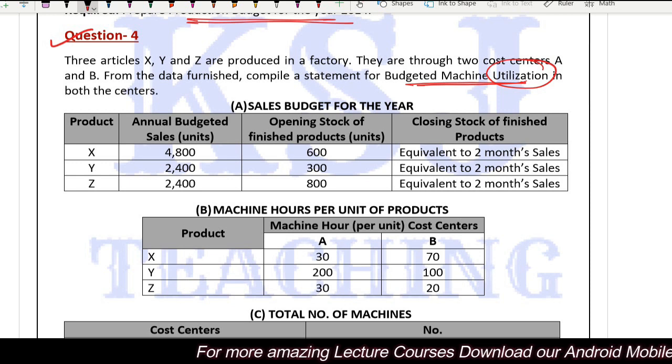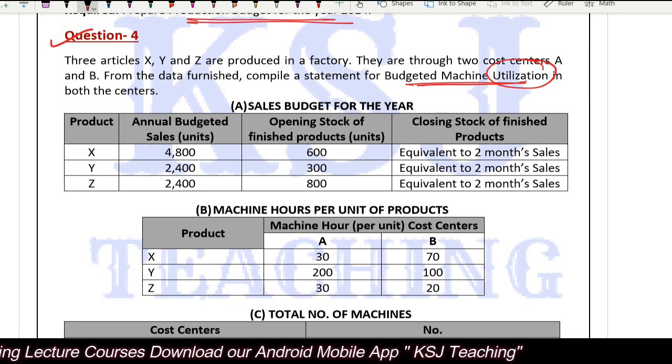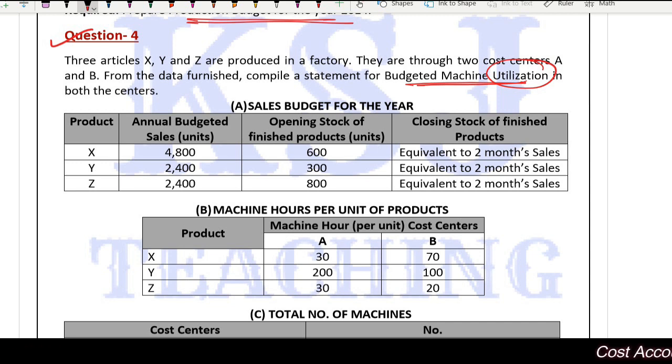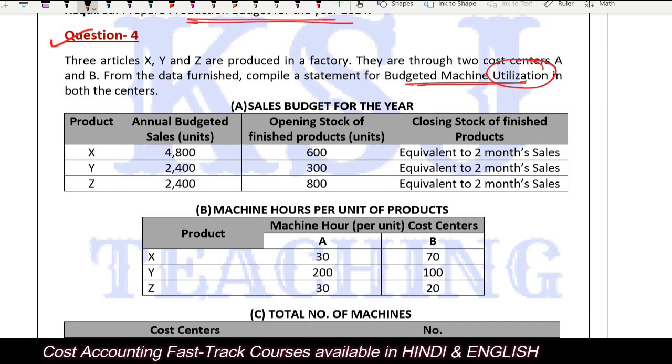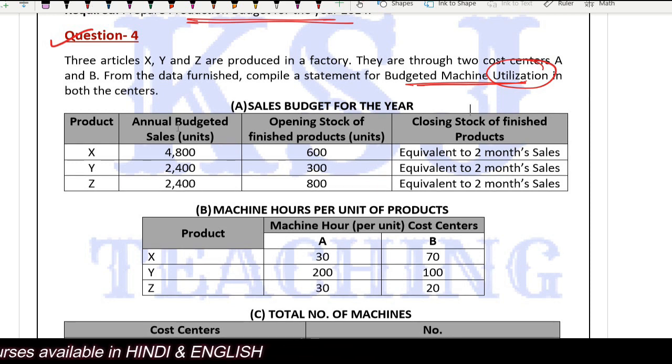That means we are going to use only 50% capacity of our plant, isn't it? So we need to decide what about the remaining 50% that is going to be idle. Are we going to manufacture something on that, or is it going to remain idle, because obviously it involves cost, right? So we are required to compile a statement for the budgeted machine utilization.